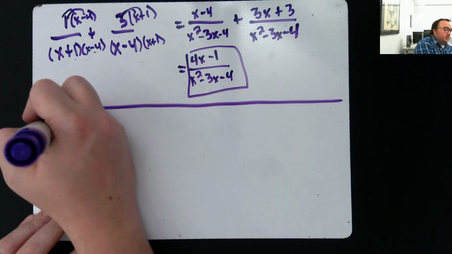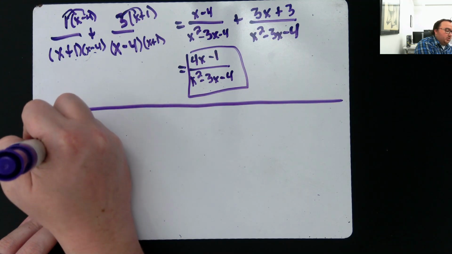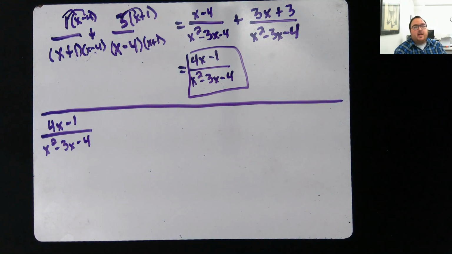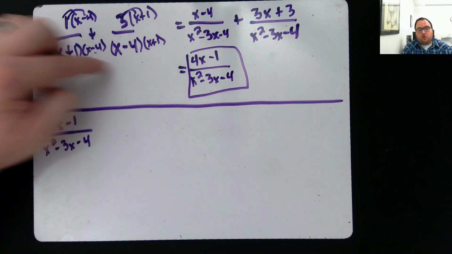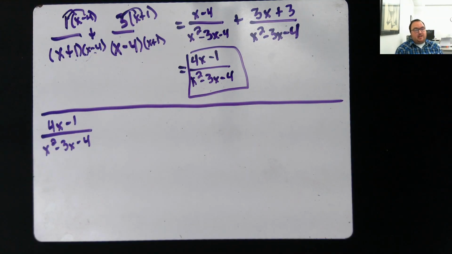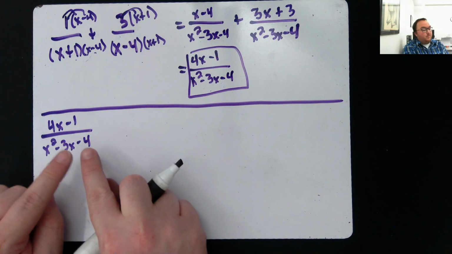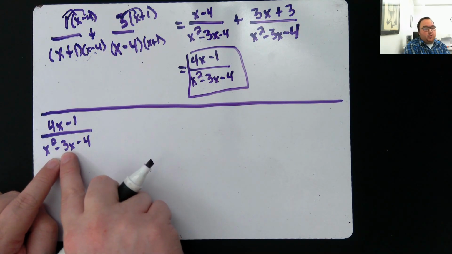So first things first, if I'm wanting to decompose 4x minus 1 over x squared minus 3x minus 4, and I want to break this up into 2 pieces, I know I need to factor this to see what the original factors were. So again, I want to find the factors of negative 4 whose sum is equal to negative 3.